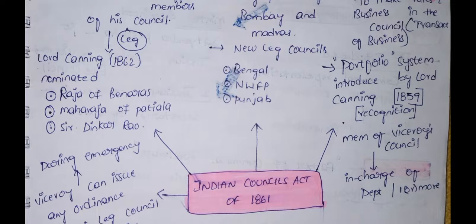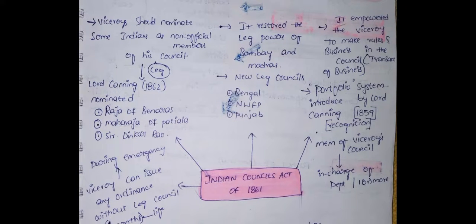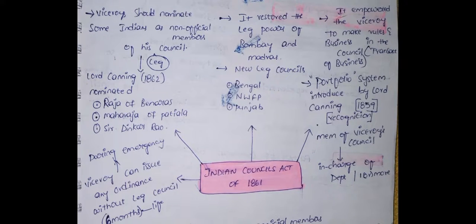To review the features of the Indian Councils Act 1861: the Viceroy should nominate non-official members from India, and Lord Canning, who was the Viceroy at that time, nominated three members. Another important feature was that during an emergency the Viceroy could issue any ordinance, with a lifetime of 6 months only.